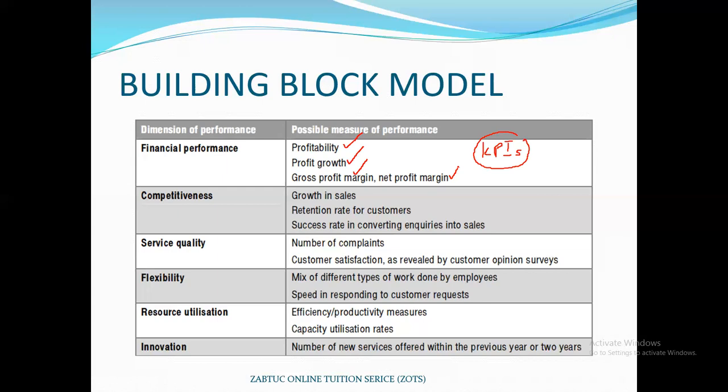What of competitiveness? Are you competitive? Growth in sales, retention rate for customers, success rate in converting inquiries into sales.